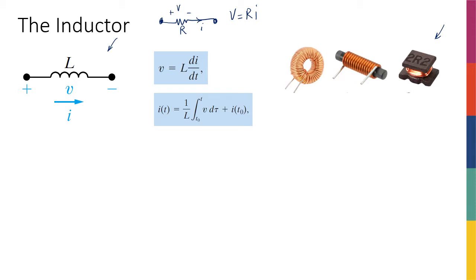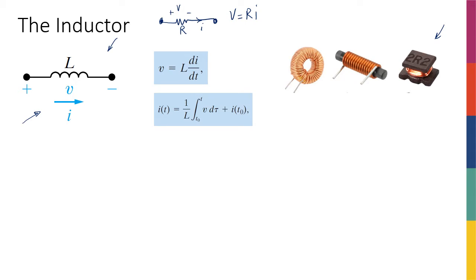If this inductor has an inductance L, and I've defined V and I the way I've defined here, V is going to be equal to L di over dt, meaning that, first of all, it's not a linear relationship anymore, and the voltage is related to the rate of current variations with time, not with the actual magnitude of the current itself, right?